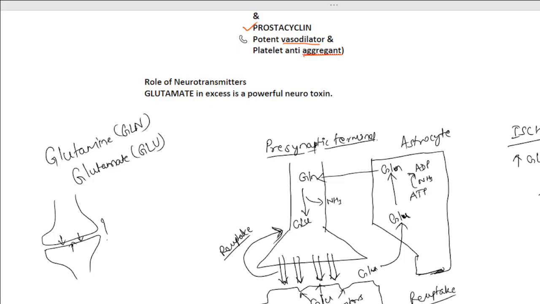What is happening? There is a deposition, there is glutamate in excess, okay, glutamate in excess. What will it cause?